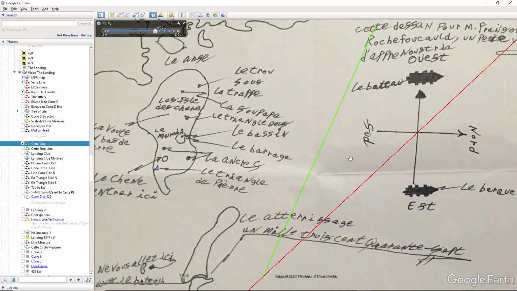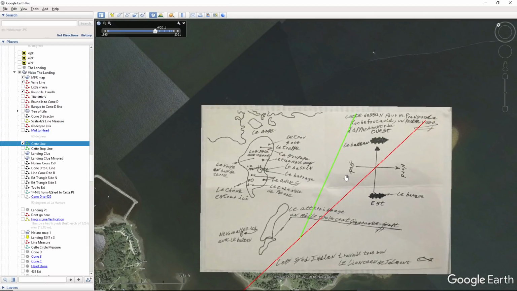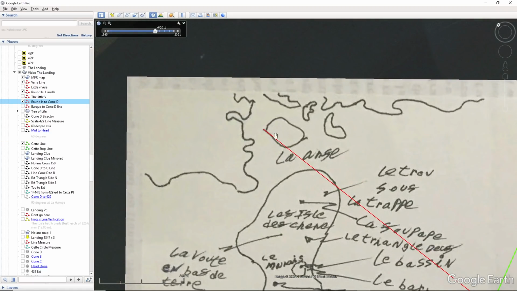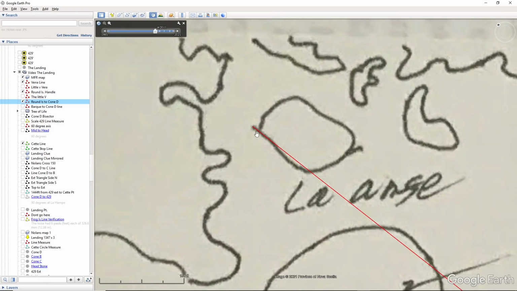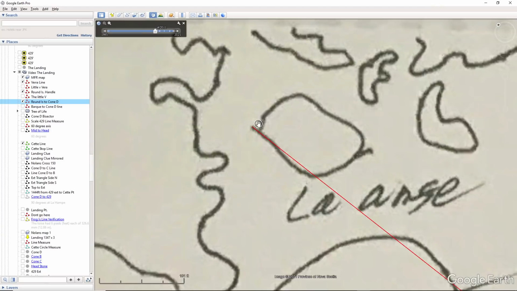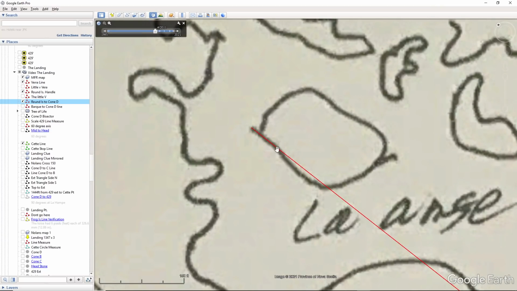So that's number 2. And the next one is off of Round Island on the picture, we have the line coming off of this little handle here.